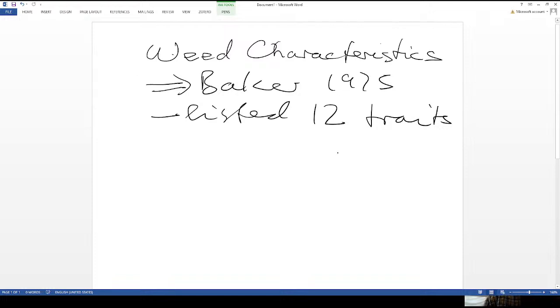Then we expanded on these traits, getting more examples about these weeds.